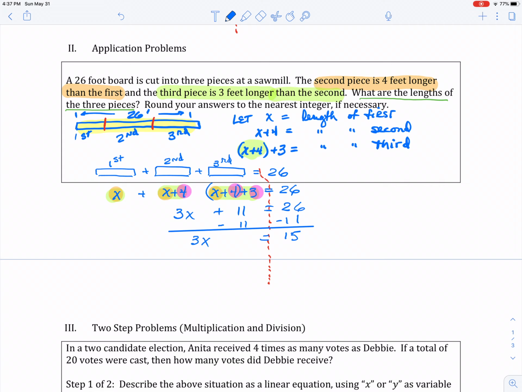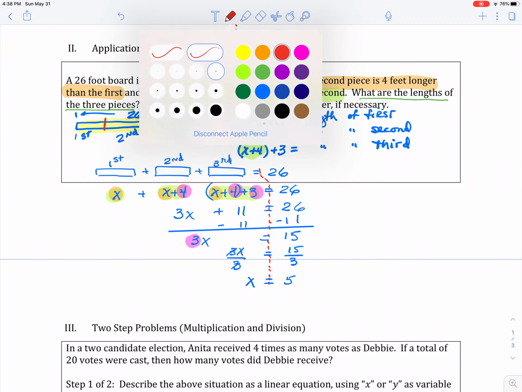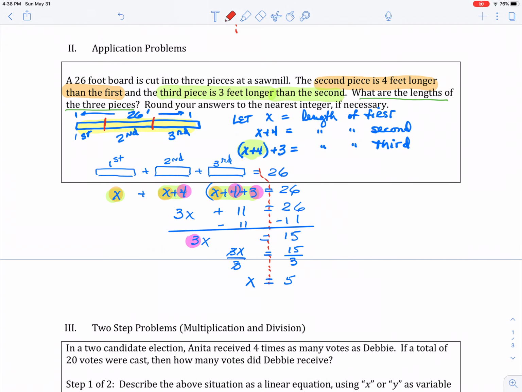That gives me 15. And then dividing by this coefficient out in front of the X. And of course, those 3's are going to cancel out, and I end up with x is equal to 5. Now, remember here, we're looking for the lengths of all 3 pieces. So this is where it's very important that you've made the time to write down that x represents the length of the first.